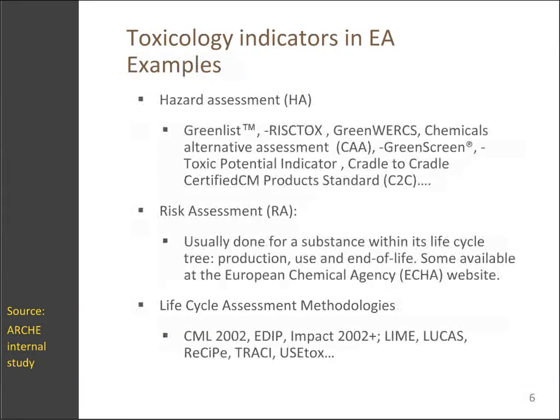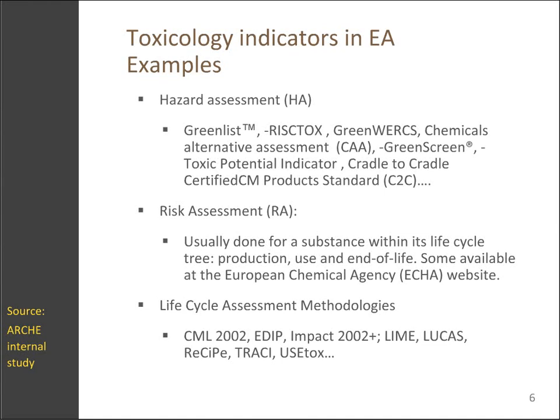So I put here some commercial names of these methods that perhaps are familiar to you. Definitely this list can be larger and larger, but for hazard assessment, perhaps Green List, Green Score, Green Works, toxic potential indicators, and names like Risk, Cost, Tox, and many others that you could encounter are available.